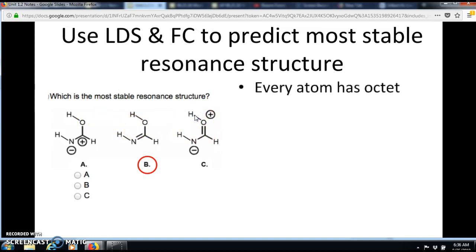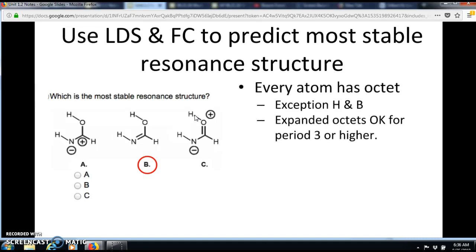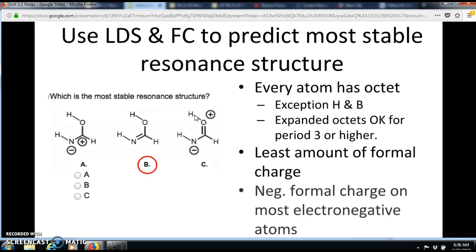A couple of rules. You want to make sure every atom has an octet. Exception, of course, hydrogen and boron, and you can have expanded octets. They're okay for any element in period 3 or higher. You want to make sure that you minimize the amount of formal charge on any species, and negative formal charges, you want to try and put them on the most electronegative atom.